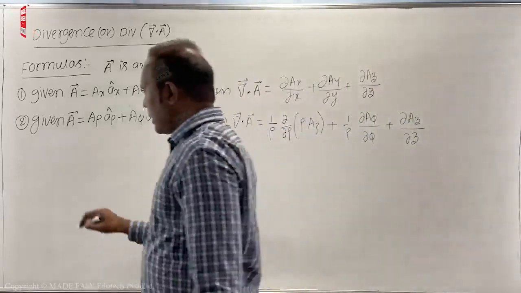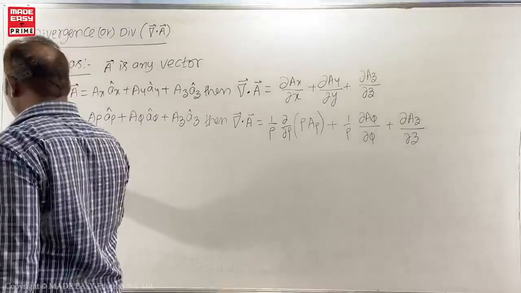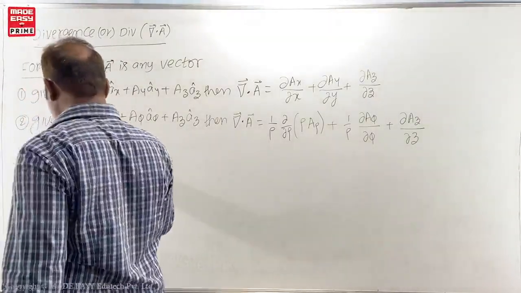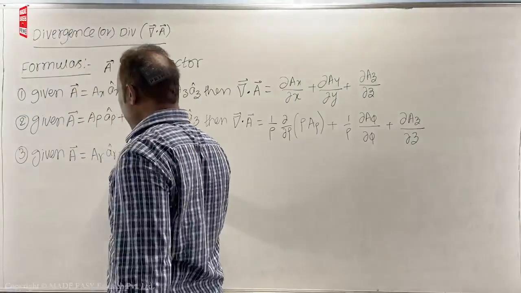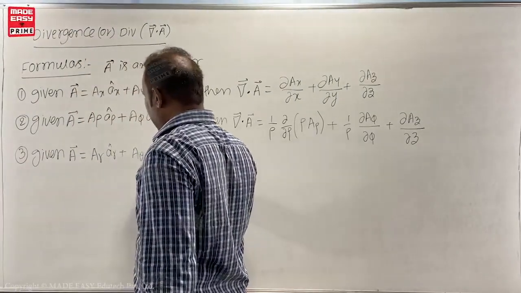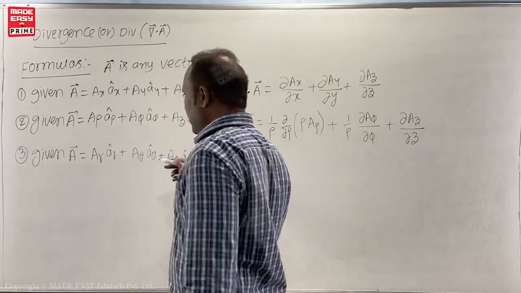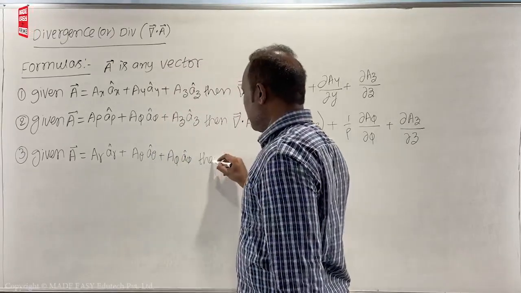Now the third formula. Given A bar vector has R component, theta component, then phi component, it is actually the spherical system.